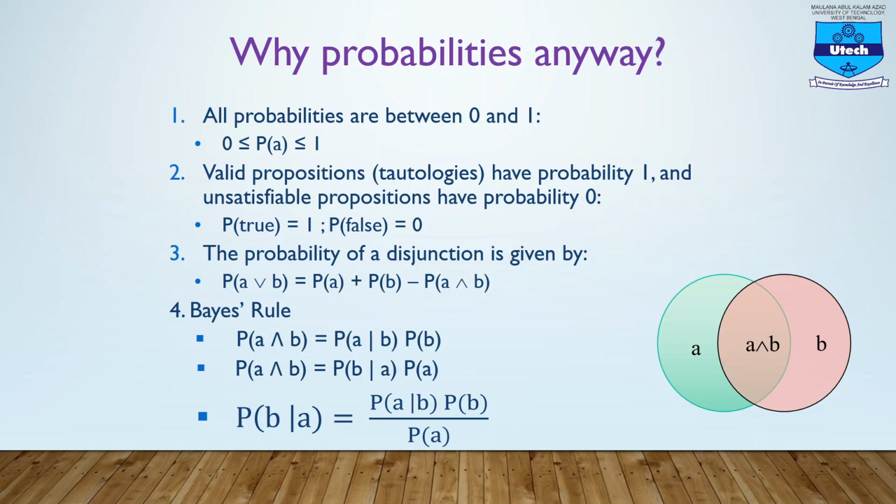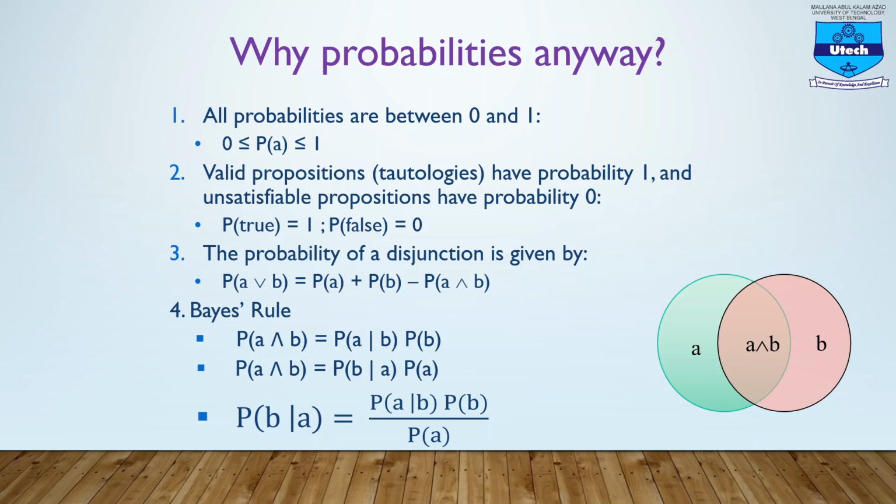That is, the probability of A is greater than or equal to 0 and less than or equal to 1. Valid propositions or tautologies have probability 1, and unsatisfiable propositions have probability 0. Probability of true is 1 and probability of false is 0.